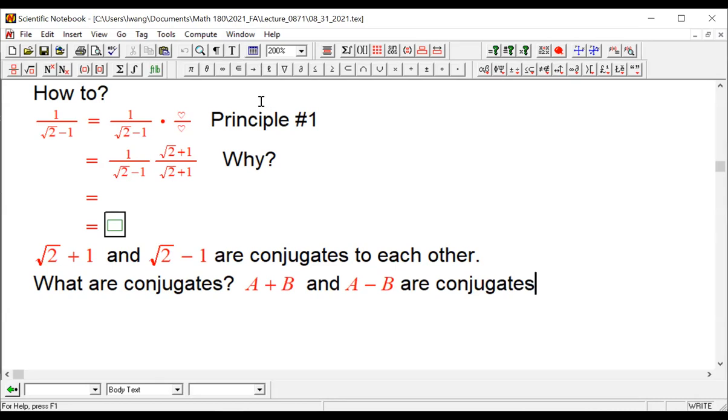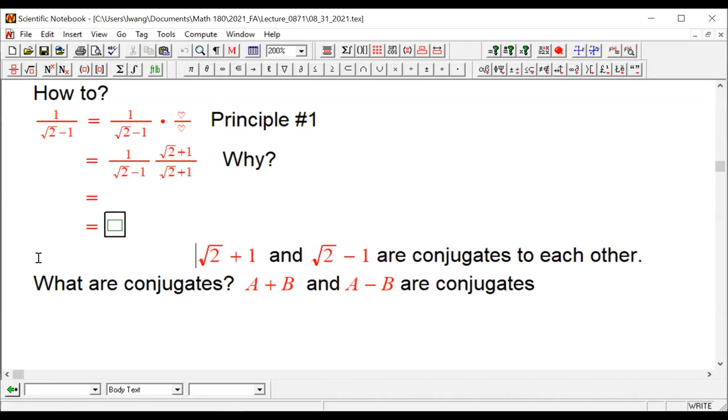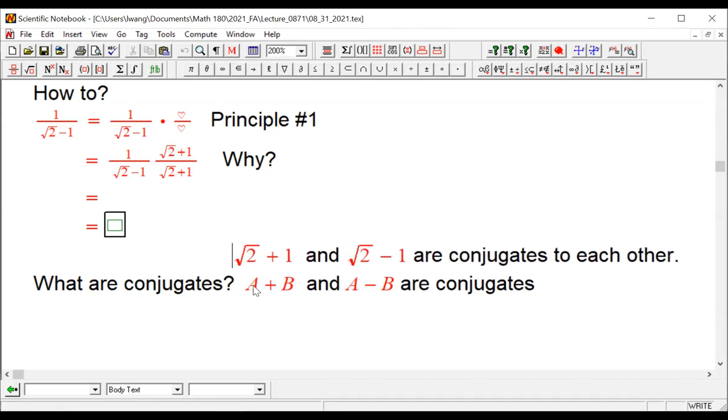So in this case, root 2 plus 1: A is root 2, B is 1. So A plus B and A minus B are conjugates to each other.